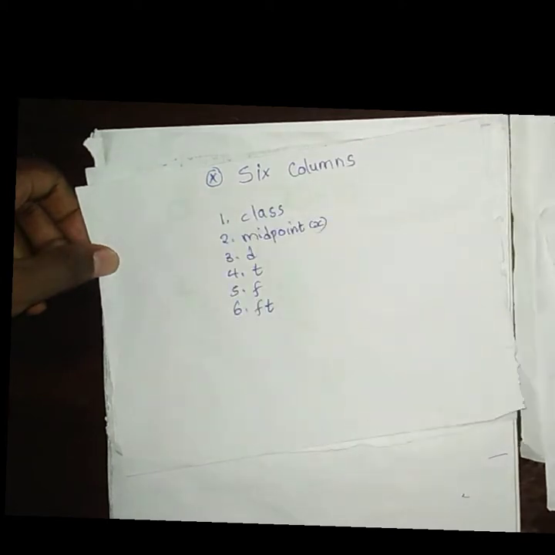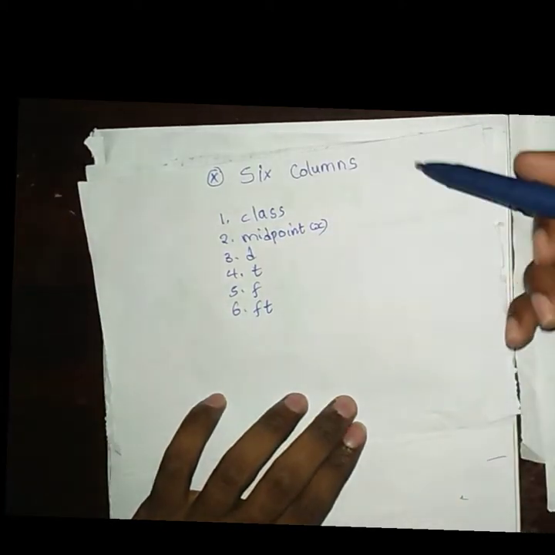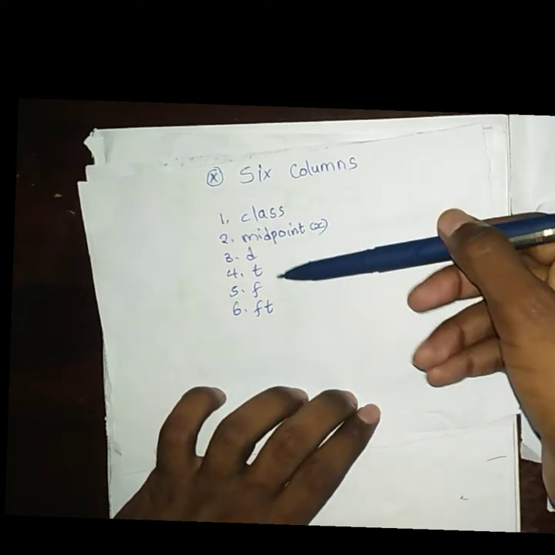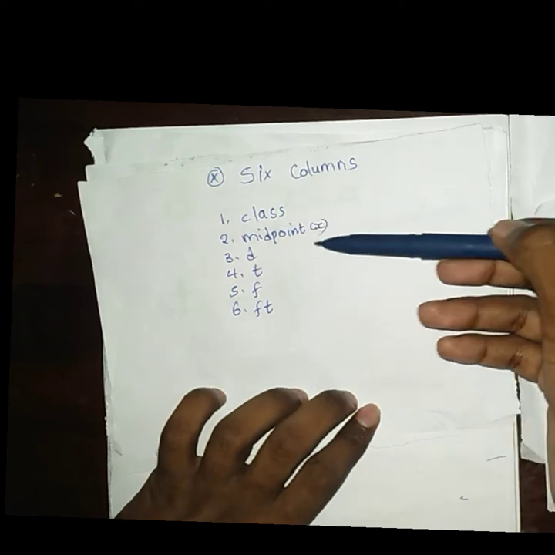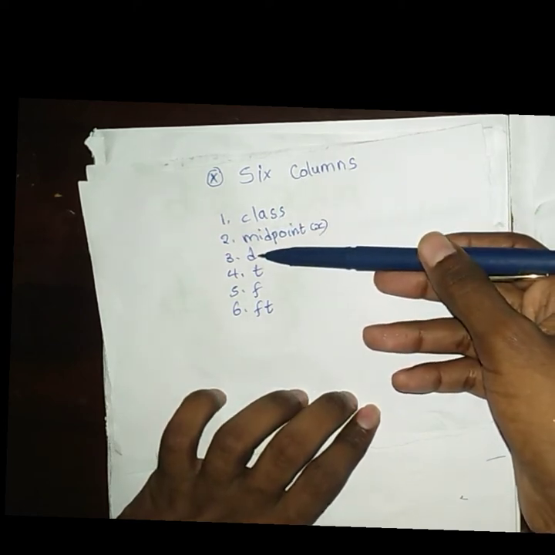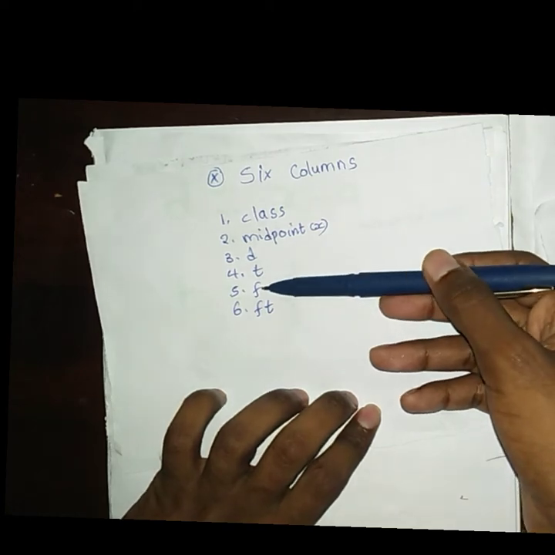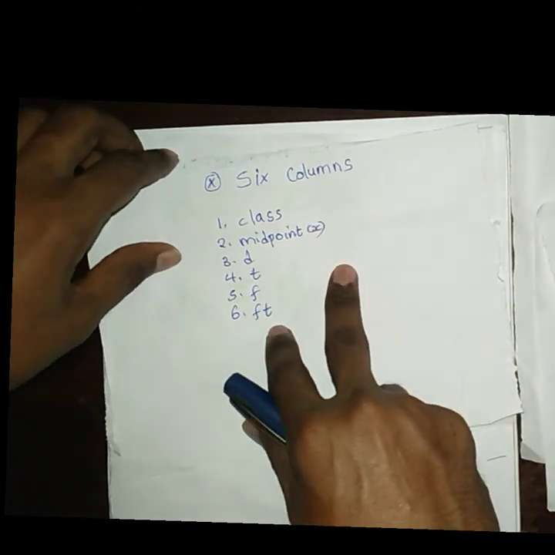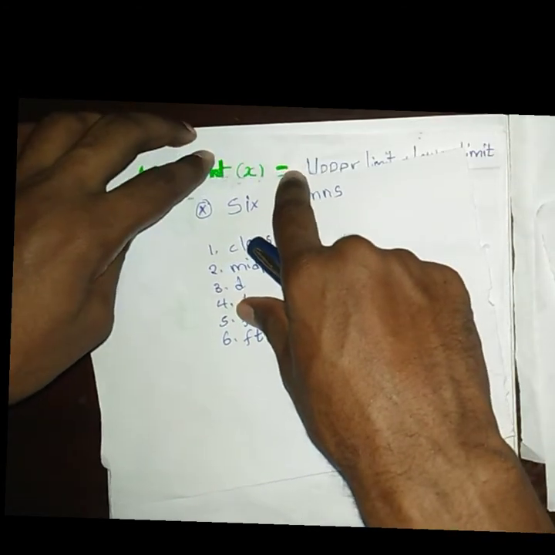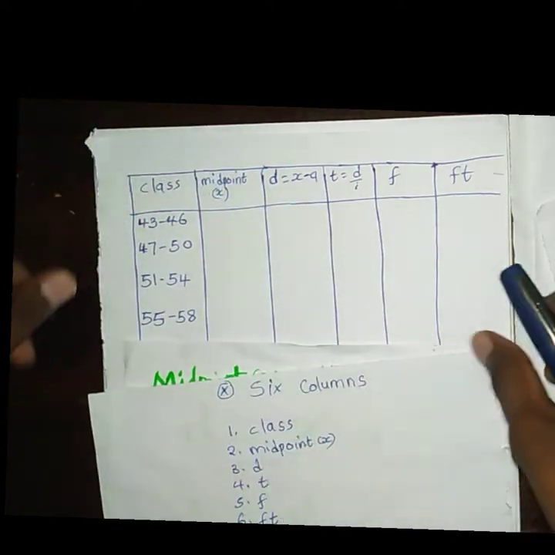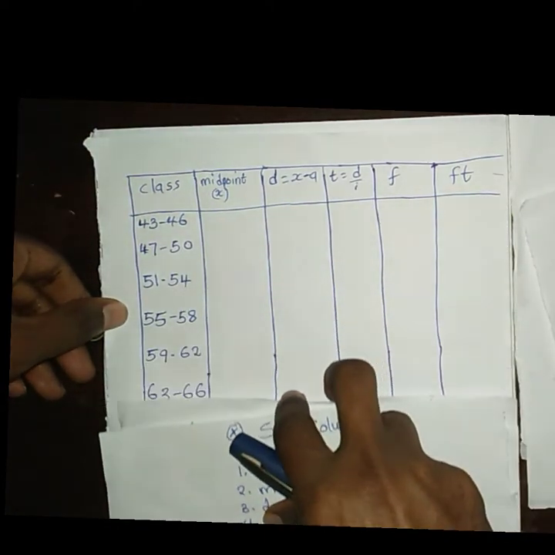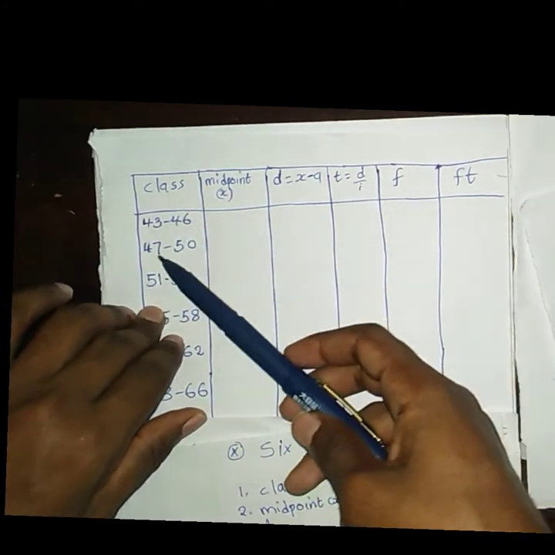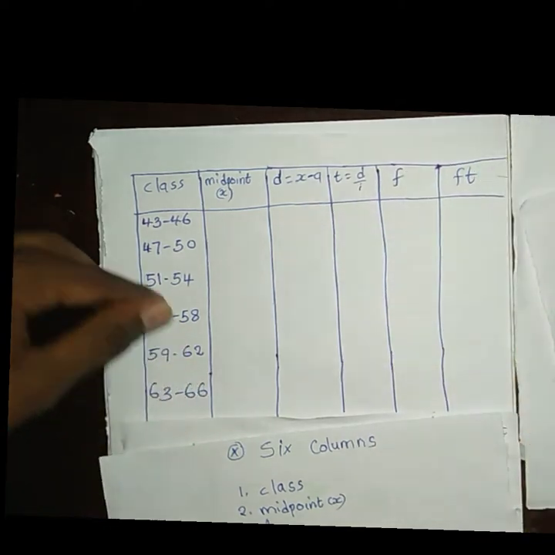We start with 6 columns, and these are the 6 columns that we need: the class column, the midpoint column, the deviation column, the t column, and the frequency and ft columns. 1, 2, 3, 4, 5, 6.